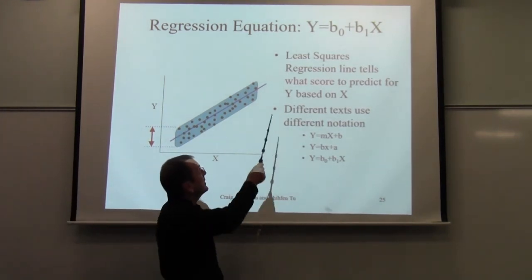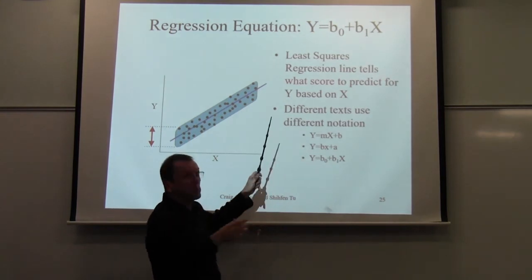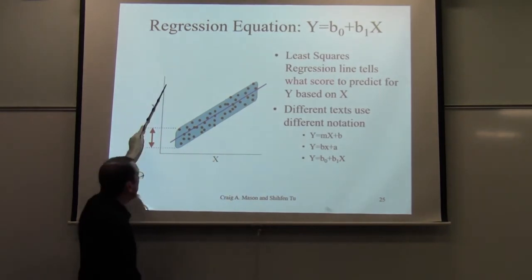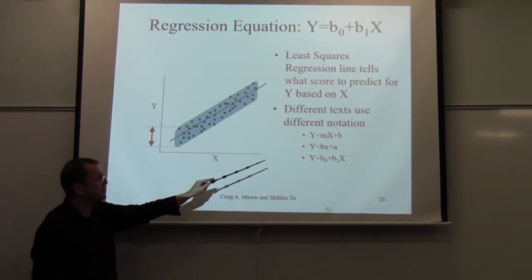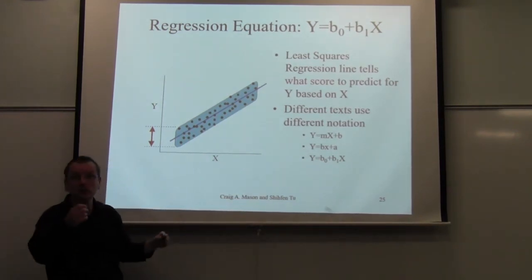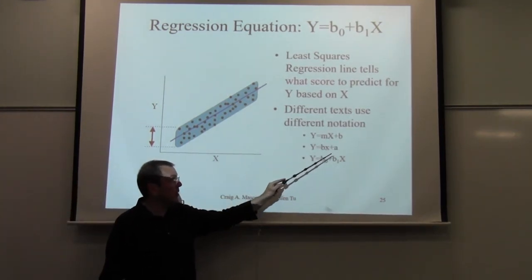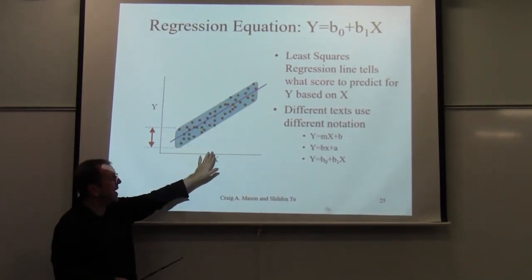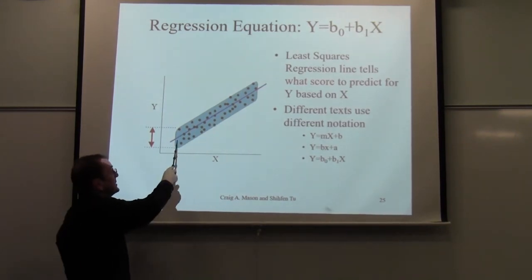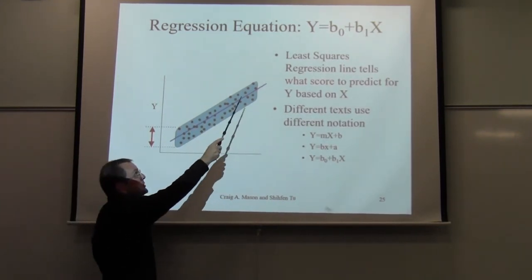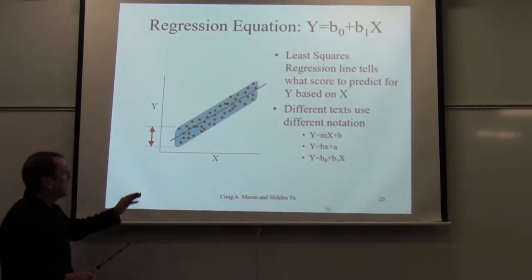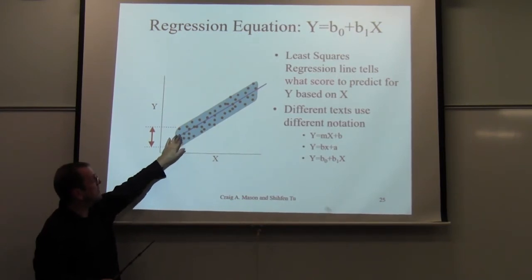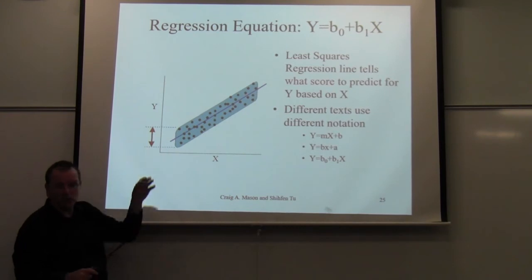If you think back to high school geometry, the formula for a line is y equals mx, the slope times your x, plus b, or the regression coefficient times x plus a. It's some intercept value plus the slope times whatever your value. You just plug in values based on an x, and it gives you a predicted y.